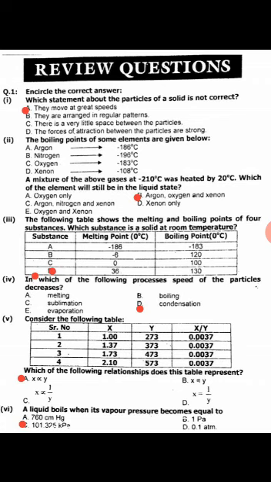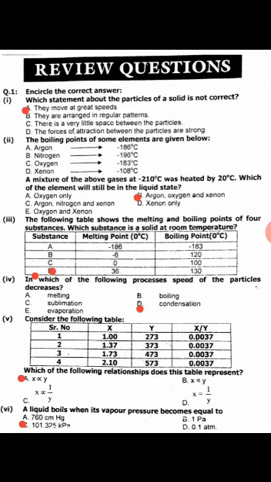But if there is a mistake in your book for xenon, which is 108 degrees boiling point, the answer to this question is D, xenon only, because only xenon will be in liquid state at 108 degrees.